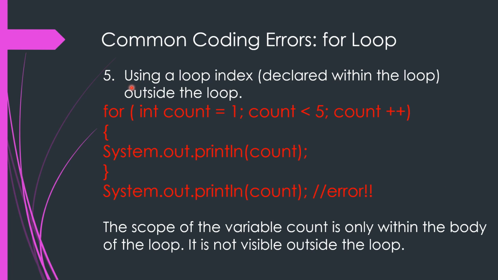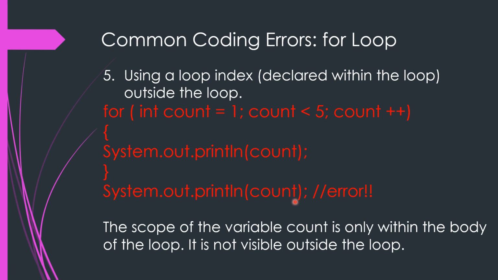Now last is using a loop index declared within the loop outside the loop. The scope of the variable count is only within the body of the loop, it is not visible outside the loop. Here you can see that we have written a statement out of the curly braces, but it will be an error. Why?